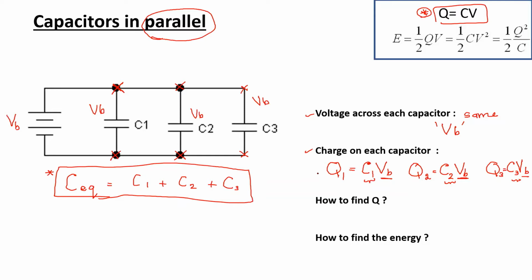What can you tell about this? What is the charge given out of the battery? And what is the charge of each capacitor? Each capacitor we know they are different and each of them has these values. What about the charge given out of the battery?